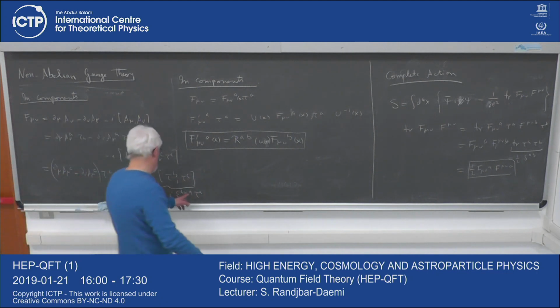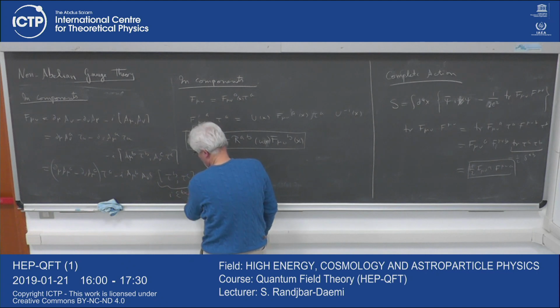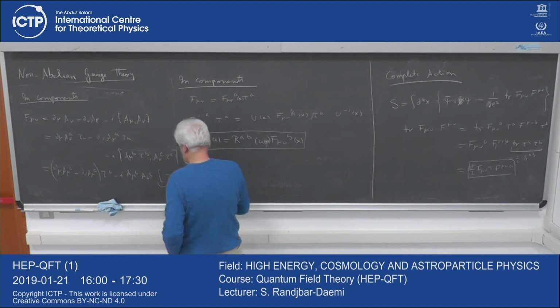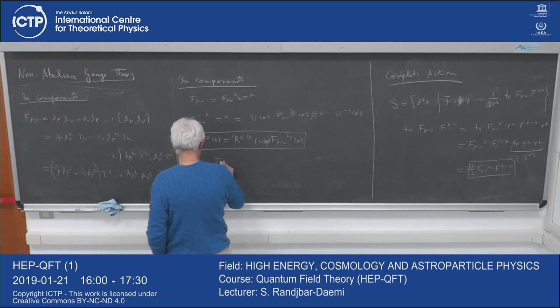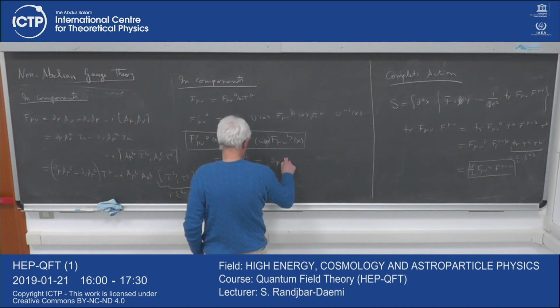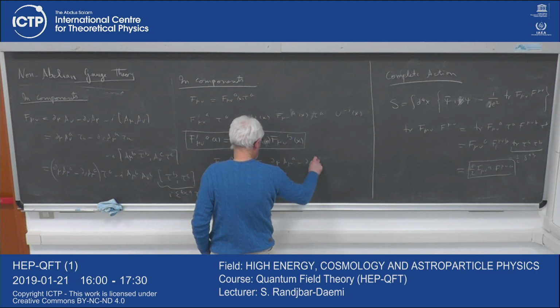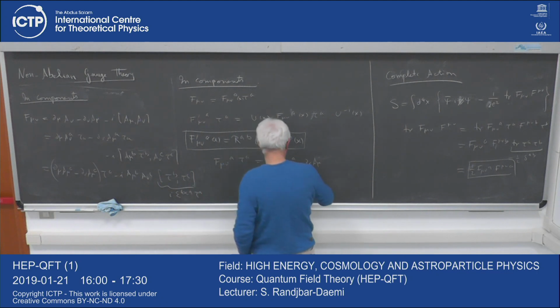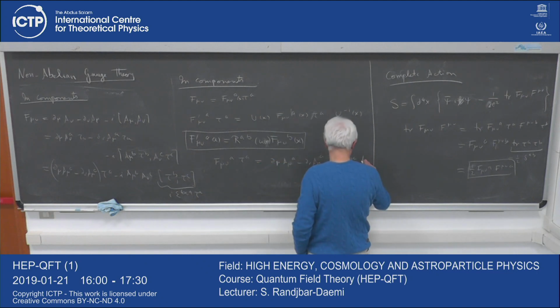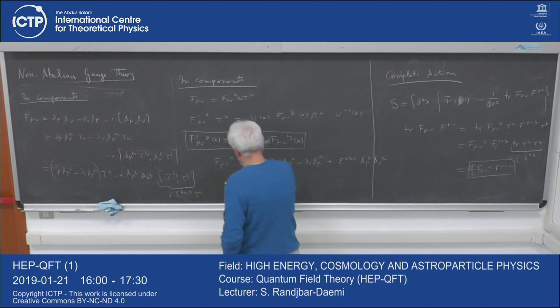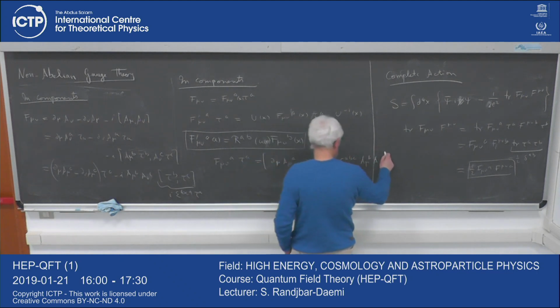And you can put A in front; commuting the two things doesn't change the sign. This i times minus i gives you plus. Therefore F_{mu nu}^A tau^A is d_mu A_nu^A minus d_nu A_mu^A plus epsilon^ABC A_mu^B A_nu^C times tau^A.